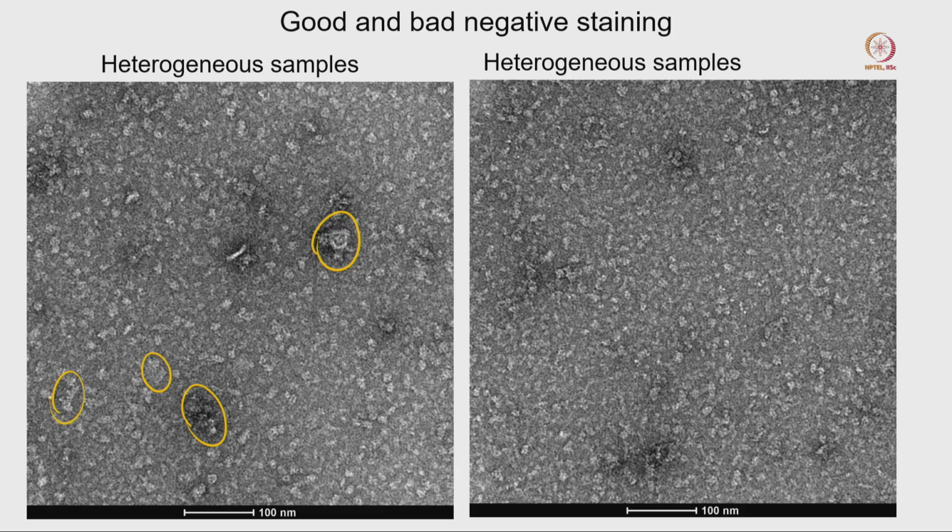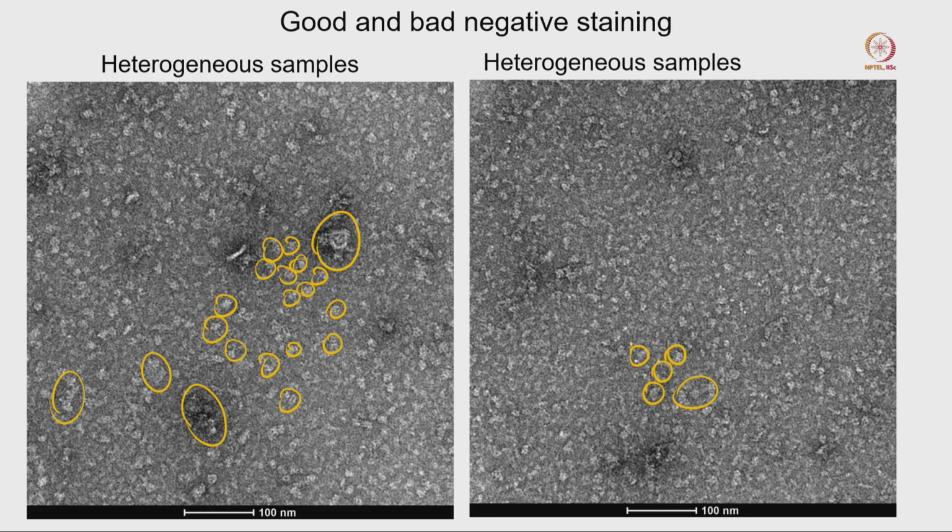At the same time, in both the images, if you look from top to bottom, you can see that there are so many small particles all over the screen. Here you can see they are very closely packed. So in this particular image, there are so many molecules very close to each other, and when so many molecules are very close to each other, you cannot distinguish their shape properly.